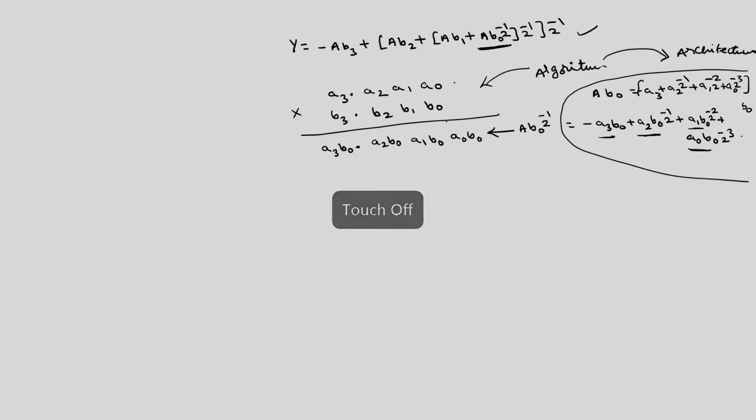So, this bit will be lost, and to get a b0 times 2 raised to the power of minus 1, this bit a3 b0 will be copied. This is sign extension. So, if you remove this a0 b0 term and keep a3 b0, a3 b0, a2 b0, a1 b0, this will be a b0 times 2 raised to the power of minus 1, this entire thing.